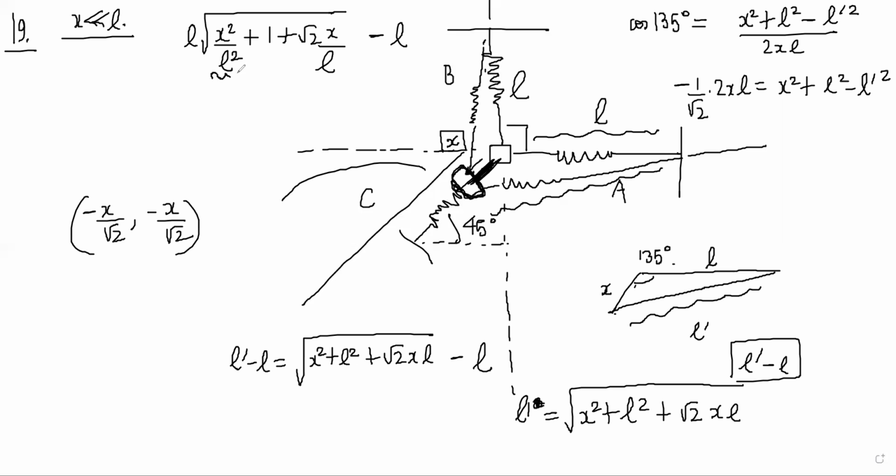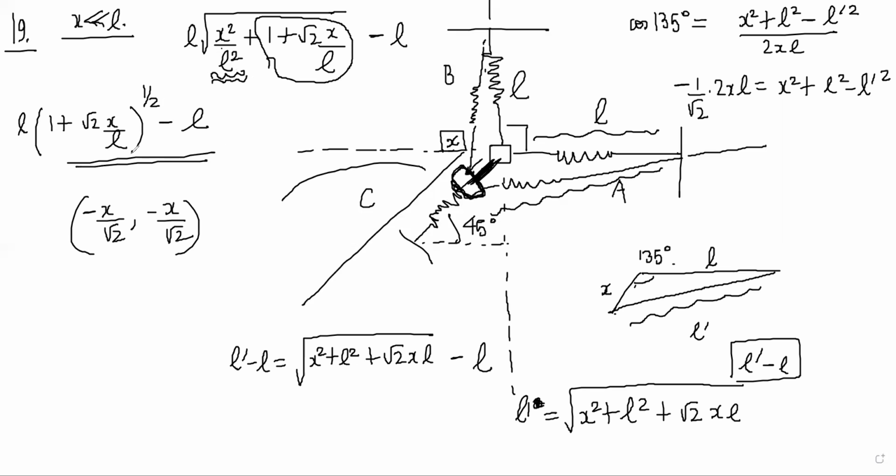So now I'll ignore this part and write it as this only. I can ignore this, right? So I'll say L into 1 plus root 2 x by L to the power half, minus L. This is my current extension, no?